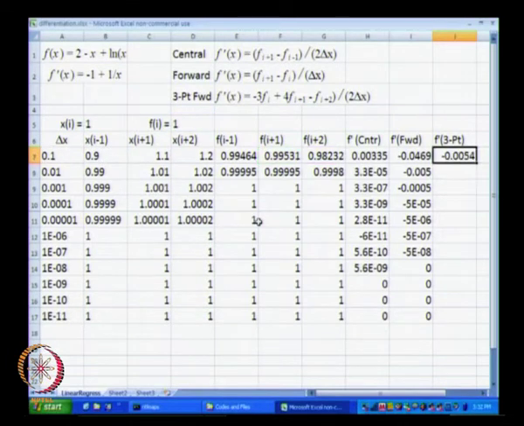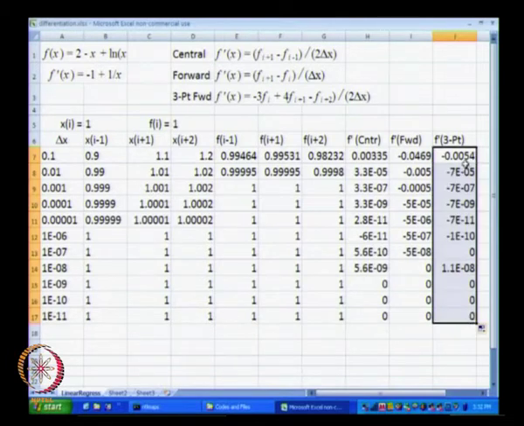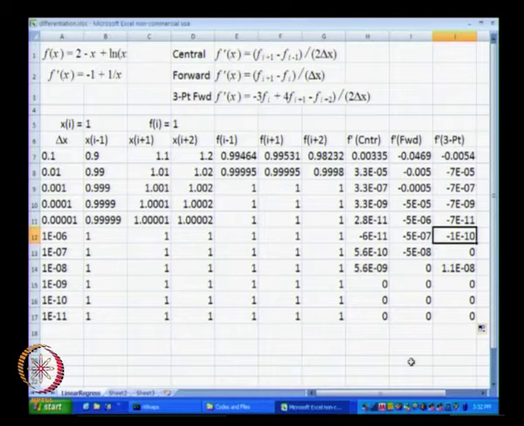Okay, so that is my equation over there, and then I just drag it, and again what I see is the error initially is 5 into 10 to the power minus 3, then it becomes 7e minus 7, 7e minus 9, 7e minus 11, and then the error again increases.